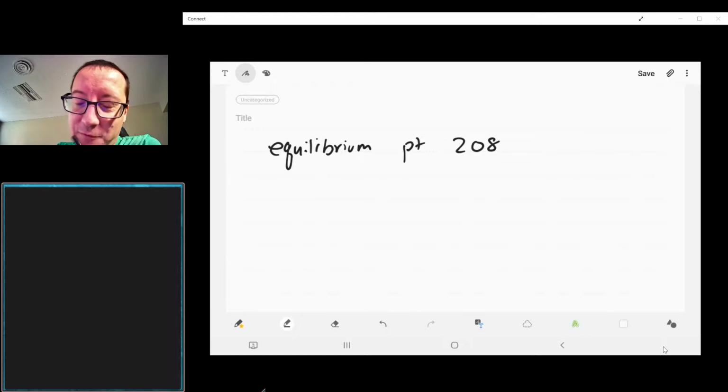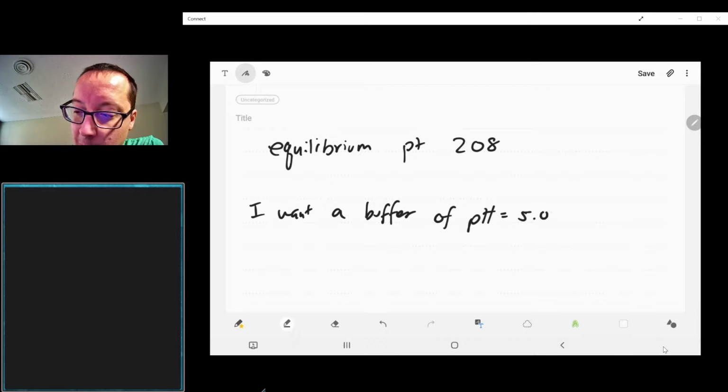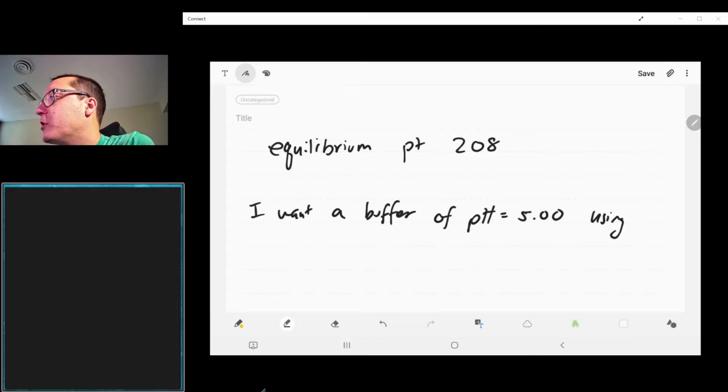I just wanted to start off, let's do a couple of problems, and then we'll start talking about titrations today. So let's say that I want a buffer of pH 5 using, let's see, which acid or base shall we use?